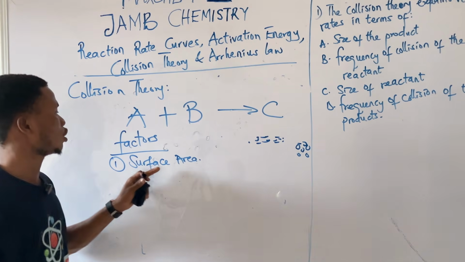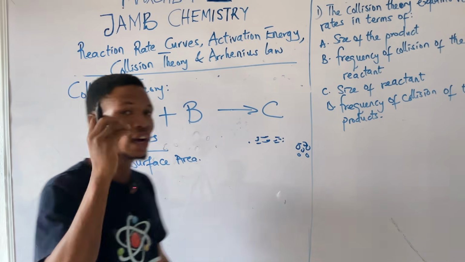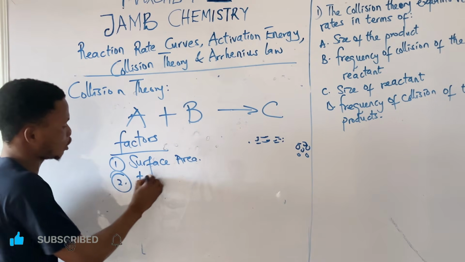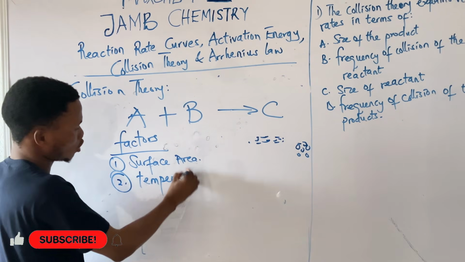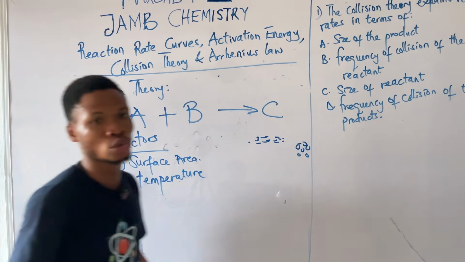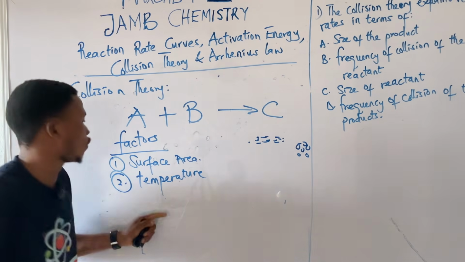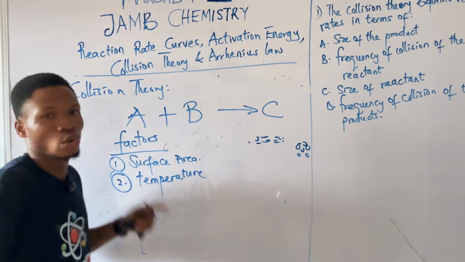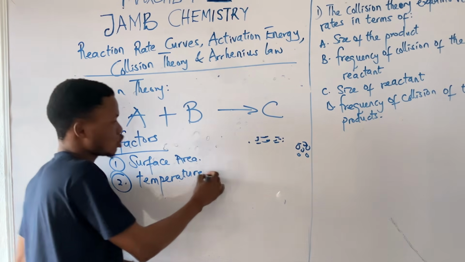So surface area is a factor of collision. Number two, another factor of collision is temperature. Increase in temperature will lead to activation of the particles. So there will be collision because the particles will be activated.